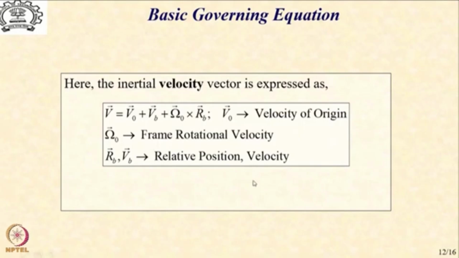So you realize that in a general context, the expression for V would contain all these three terms. Of course, with certain simplifications and assumptions, we might be in a position to also simplify the expression for velocity, but that we will see when we start looking at some of the details.